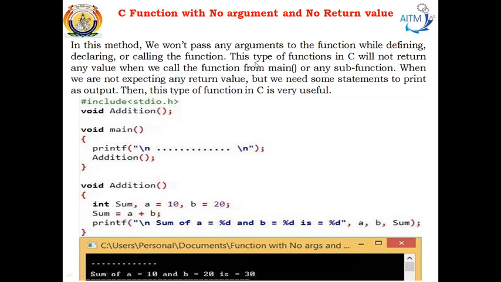This type of function in C will not return any value when we call the function from the main or any sub function. Here you can see, as this function is not going to return any value, this function is not returning any value to the calling function which is written inside the main. That's why we have the return type of this function as void.